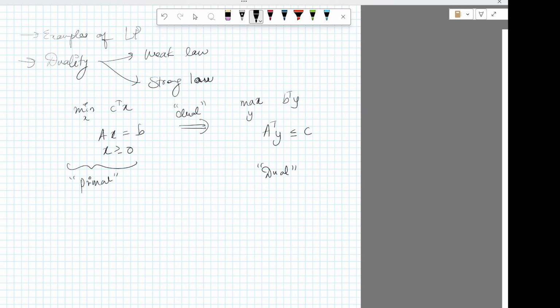So here what you have is the primal is on a different set of variables, the dual is on a different set of variables, but the parameters of both the problems A, b, c are shared.